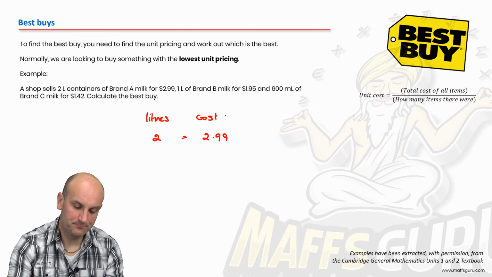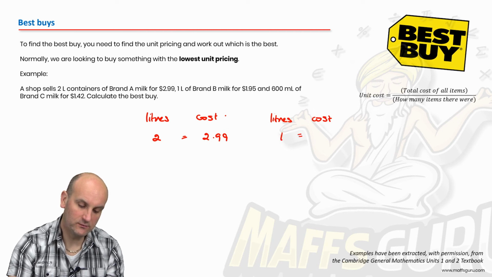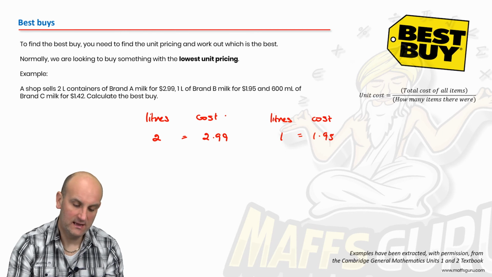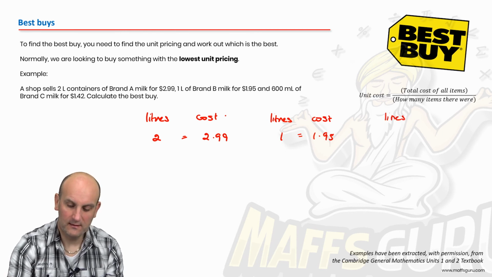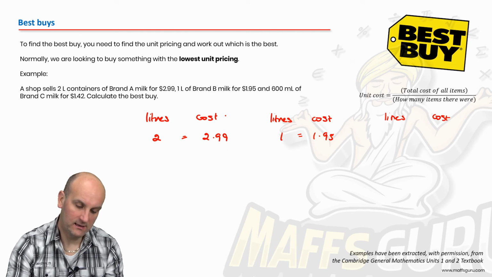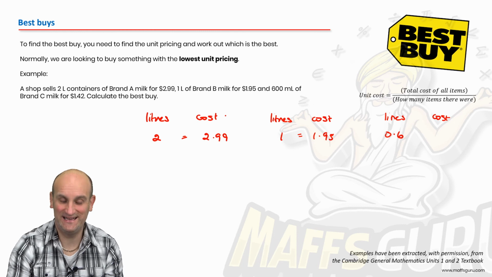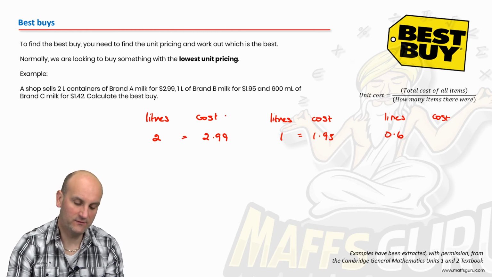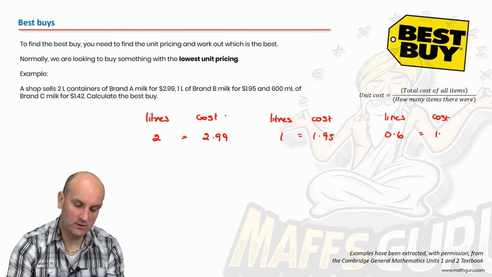That's brand A. Brand B, I've got liters and cost for brand B. So how many liters have I got? I've got 1 liter is equal to $1.95. And for brand C, I've got liters and cost and 600 milliliters. So that's actually 0.6 liters. And again, we have to be careful there, but conversions is $1.42.